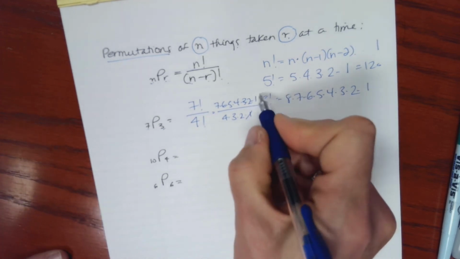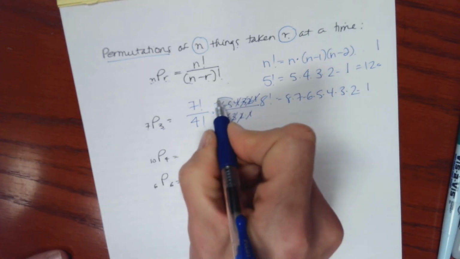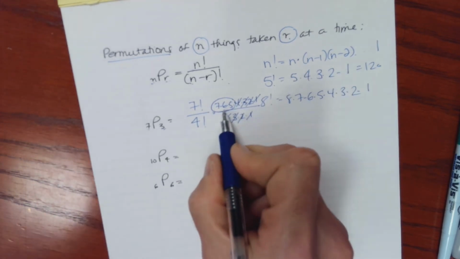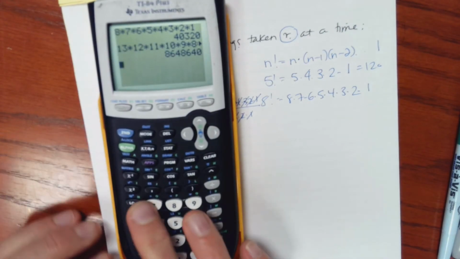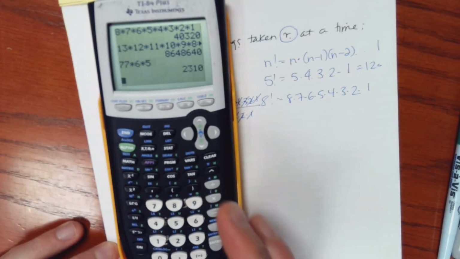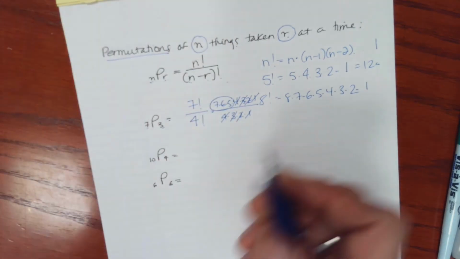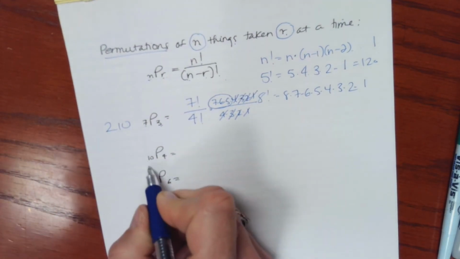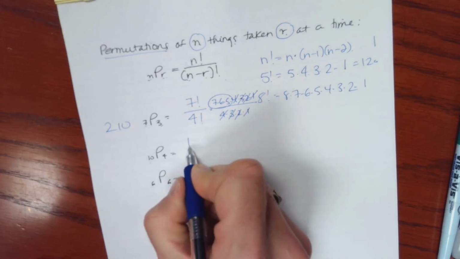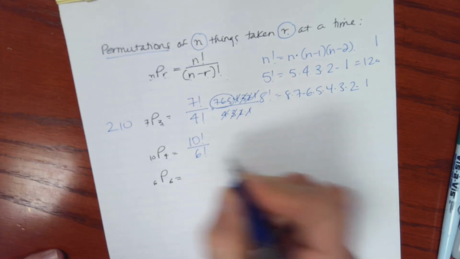Now notice, a lot of these can be canceled out, and I'm really just going to be left with 7 times 6 times 5, which is 210. For 10P4, I have 10 factorial over 10 minus 4, which is 6 factorial.